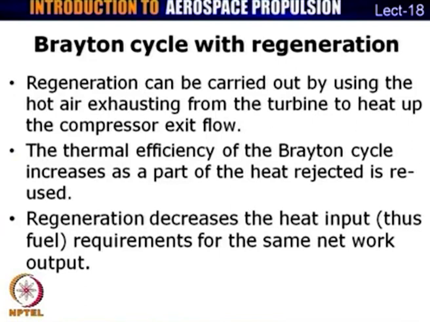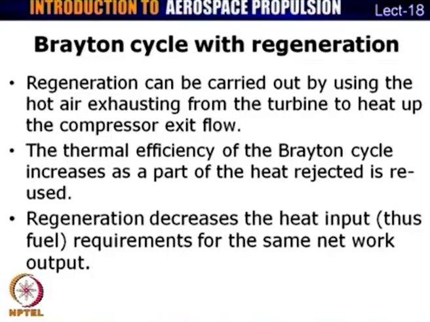So, in the Brayton cycle, regeneration is primarily carried out by using part of the turbine exhaust, which is energy that is primarily getting wasted, that is heat rejected, and it is reused in another part of the cycle, that is, to heat up the compressor exit flow.